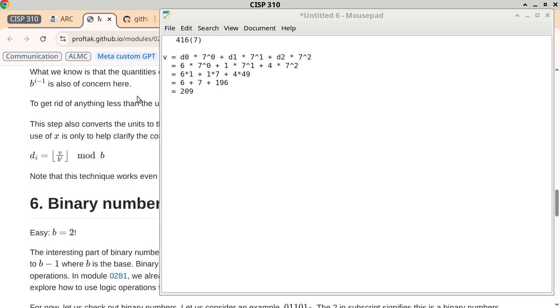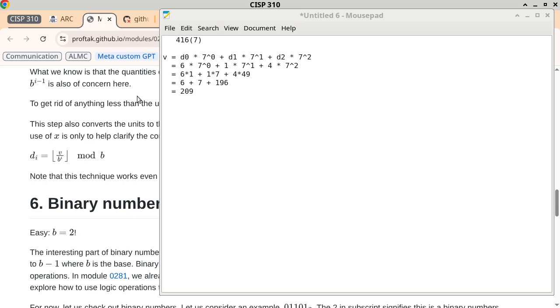7 to the power of 0 is 1, which means the division is trivial. There's nothing to do here. 209 divided by 7, so you can do a long division. With something that simple, I can just do the abbreviated version of a long division. So we divide it by 7.